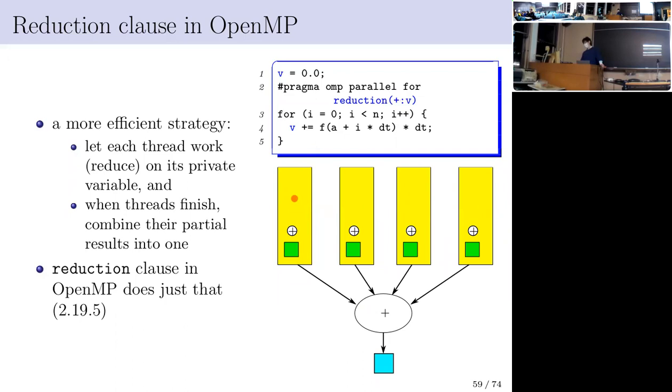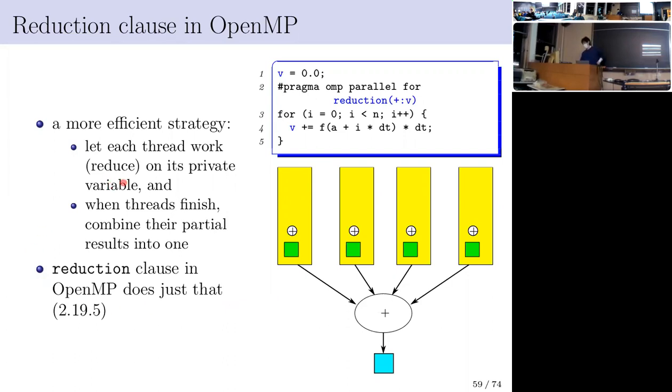Right? So in the parallel section, each thread does its own computation using a local copy of b. And after that, these copies are combined into a single value by just adding all these values using plus. So it's very convenient, not only convenient, but also very efficient.